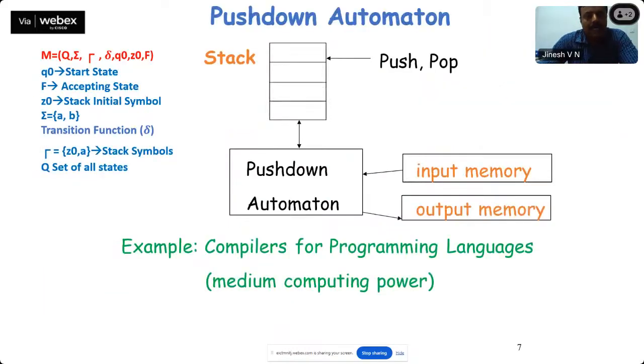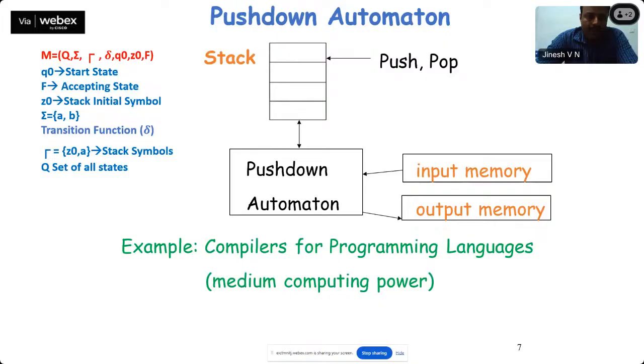Now we'll see the next type of automata, that is pushdown automata. Here we'll be adding one more memory component, that is a stack. All of us know what a stack is. It has two operations, push and pop. So we need to consider one more parameter along with our transitions.